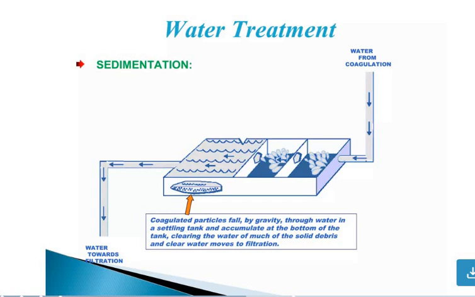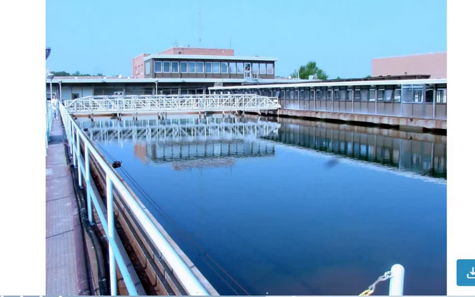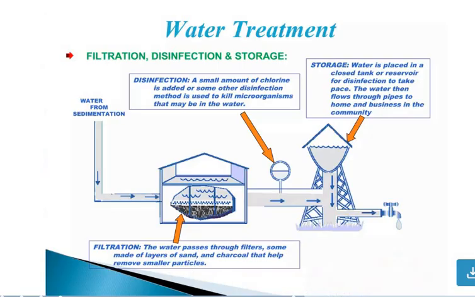Coagulated particles fall by gravity through water in a settling tank and accumulate at the bottom of the tank, clearing the water of much of the solid debris, and clear water moves to filtration. Then water goes towards filtration, second step. You can see here.